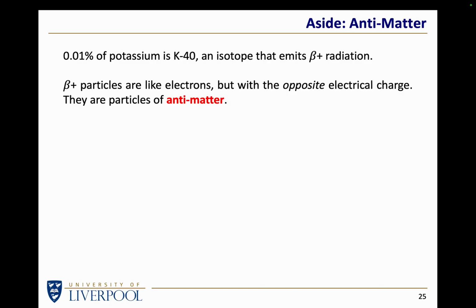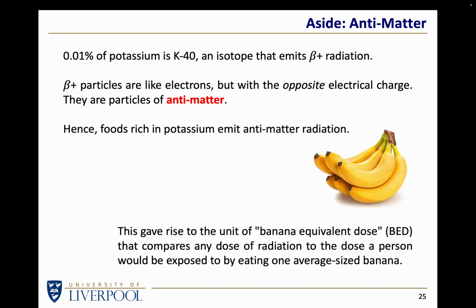So any body, i.e. you, or any food that's rich in potassium, like Brazil nuts or bananas, for instance, generates antimatter. It's spitting out antimatter, not a great deal of it, but a little bit of antimatter is generated by bananas. And that actually gave rise to the so-called unit of the banana equivalent dose.